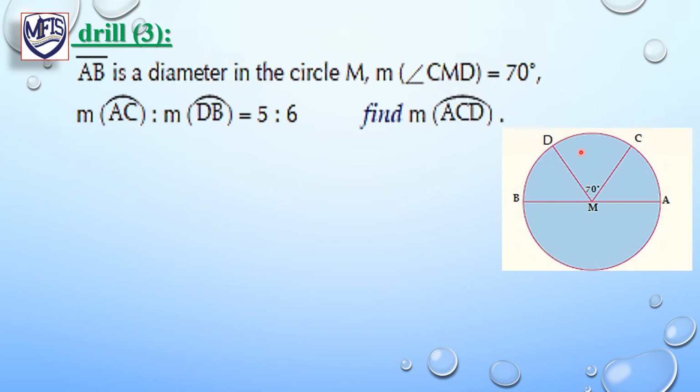Now let the smaller arc be 5x and the greater arc be 6x. So 5x plus 6x equals 180, the half circle, minus 70. So 11x equals 110. Let's see the steps.